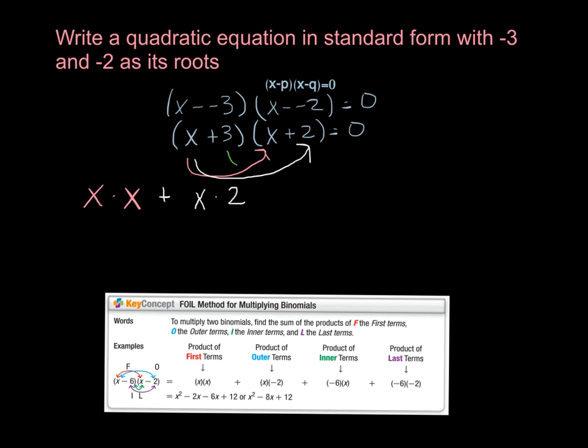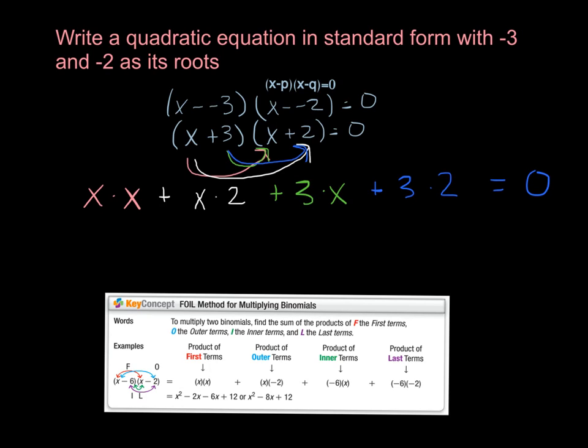We've got 3 times x, and then our last terms. The last of both is 3 times 2. Don't forget to bring down your equals 0 because we haven't touched that yet.